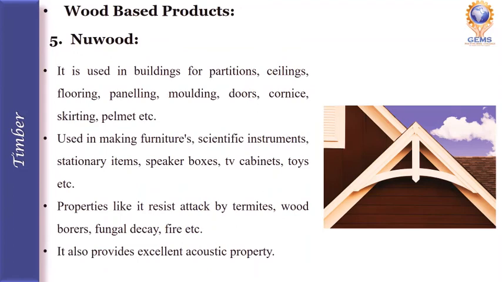These newoods are used in buildings for partition walls, ceilings, floorings, paneling, molding and so on. They are also used in making furniture, scientific instruments, stationery items, speaker boxes, cabinets and toys. These newoods resist attack by termites, wood borers, fungal decay and fire, and also provide excellent acoustic properties.